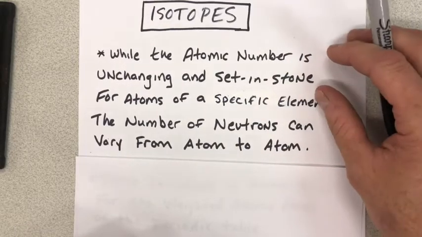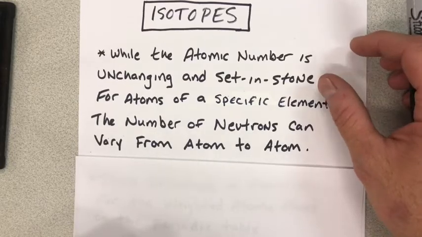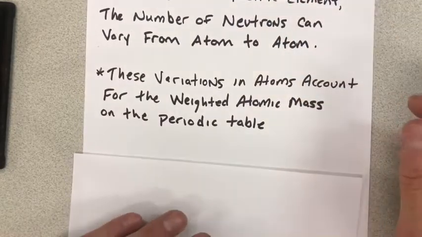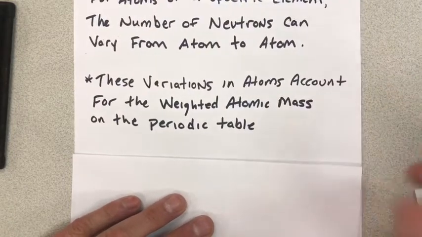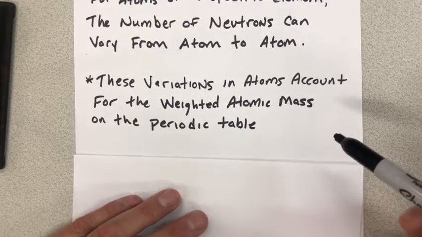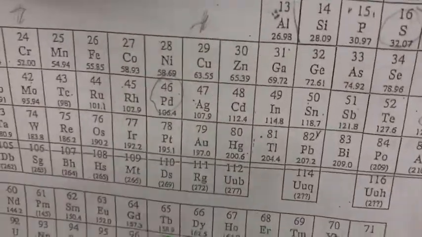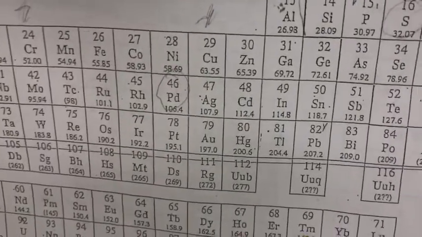So the neutrons and the protons don't have to match up with each other, and there can be variations in the number of neutrons from atom to atom. And the variations in those atoms account for what we call the weighted atomic mass, which you'll find on the periodic table. So this is our periodic table that we use, and as you can see, the atomic masses for these guys, for the most part, are decimals.